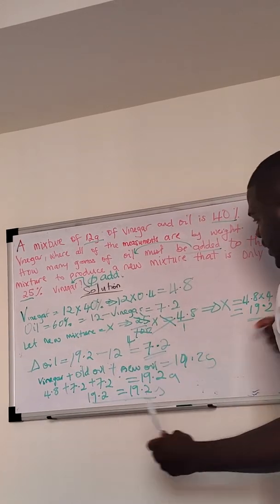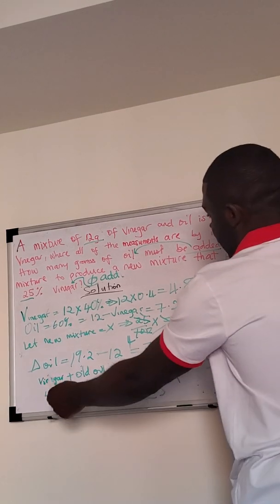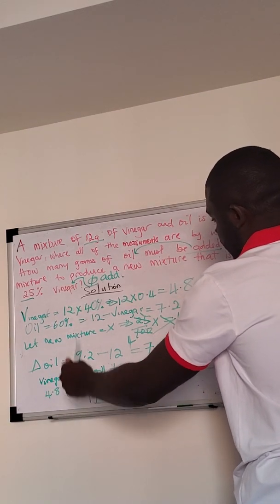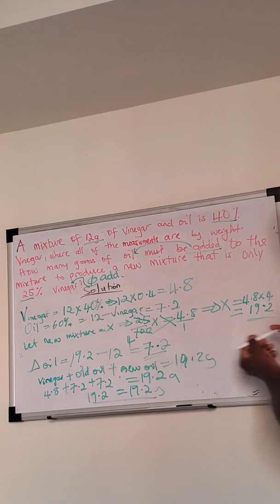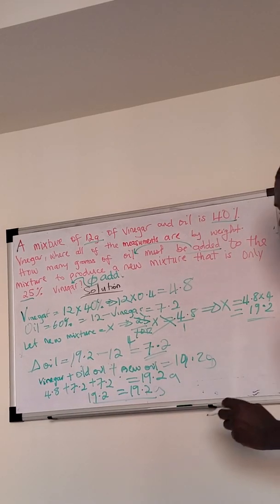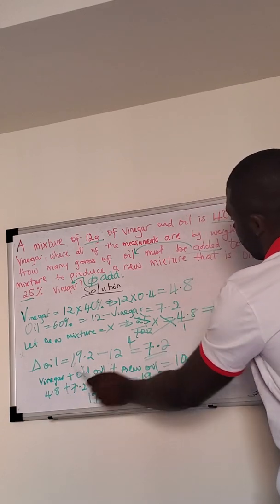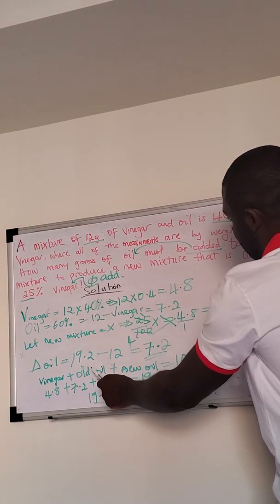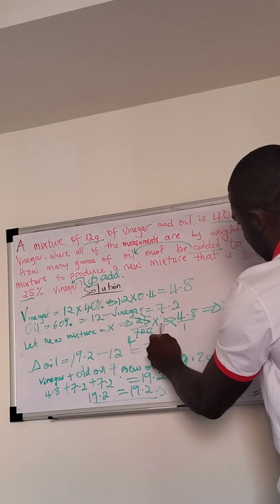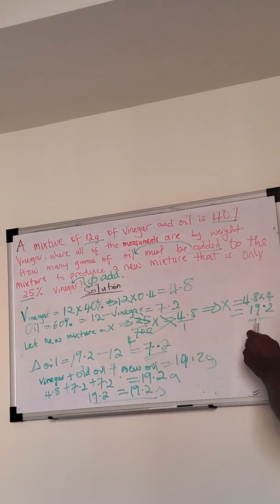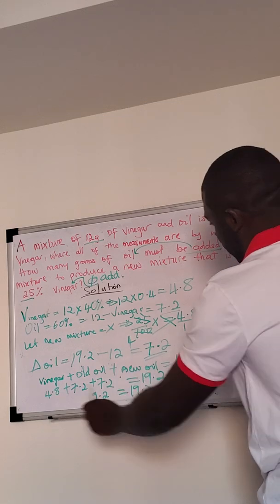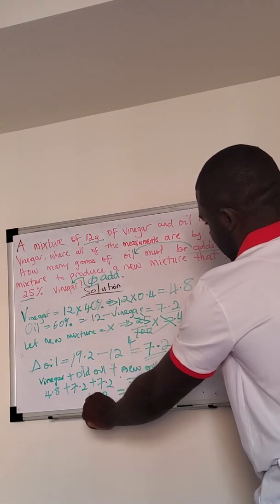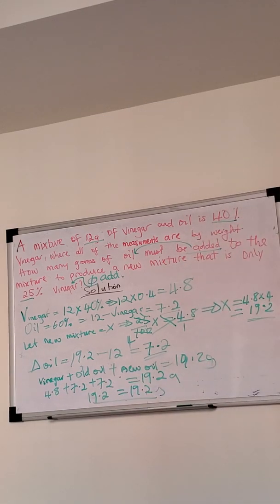To prove that your answer is correct, vinegar, which did not change, plus old oil plus new oil should be equal to 19.2 grams. Vinegar was 4.8, old oil was 7.2, and new oil, the difference, is 7.2. When we do our calculation, we have 19.2 is equal to 19.2. And that's the end of the solution, guys.